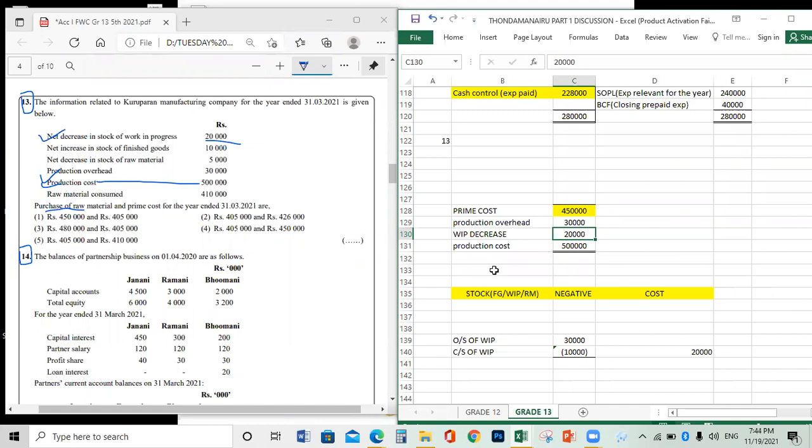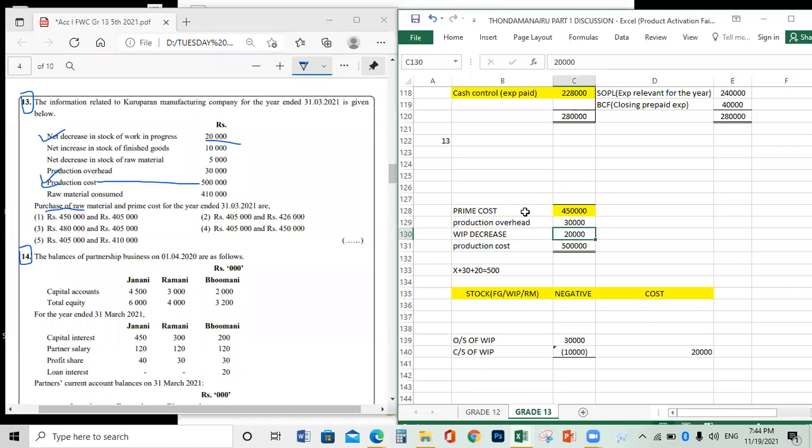For example, I can show you in an equation: x plus 30 plus 20 equals 500. Find x, you will get the same answer. Work in progress is decreasing, so you add it here.